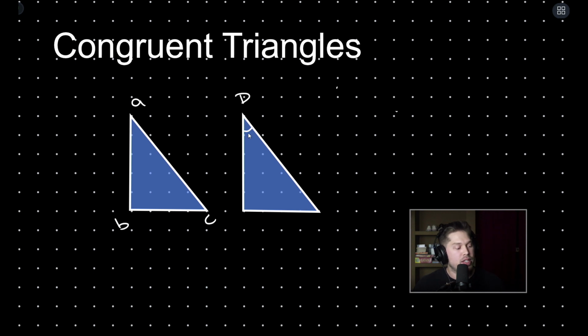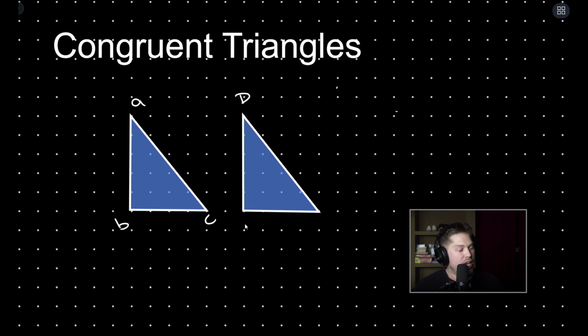Again, congruency between two triangles tells us that all 6 components, all 3 sides and all 3 angles, have a 1-to-1 matchup with the other triangle. So what relationships can allow us to infer that we have congruency?